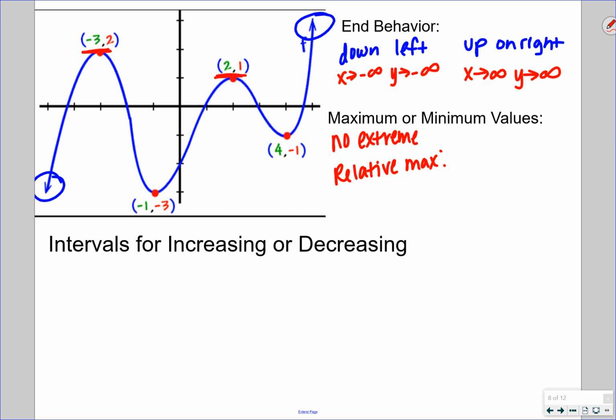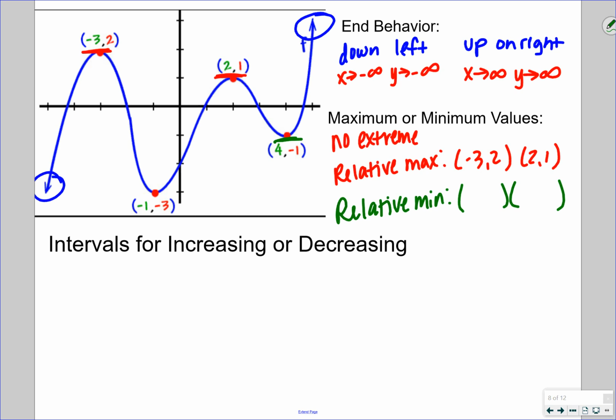I have a relative maximum at -3, 2 and 2, 1. And then I have relative minimums at my low values. So down here and down here. -1, -3, and 4, -1. And again, they're relative rather than extreme because the arrows extend below and above those numbers, so there is no absolute top or bottom to that graph.